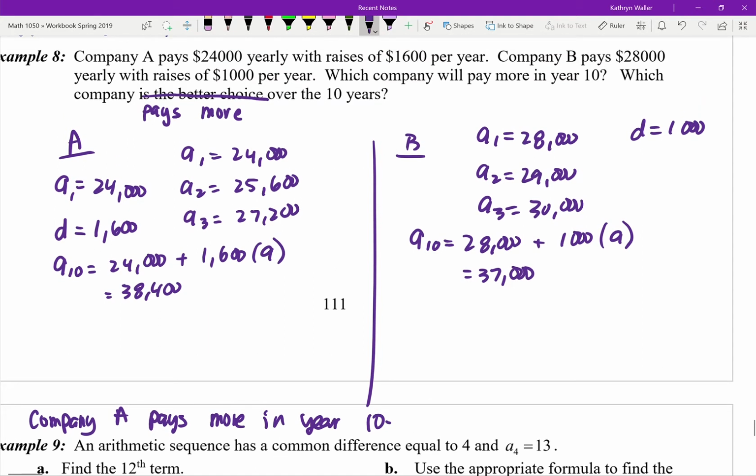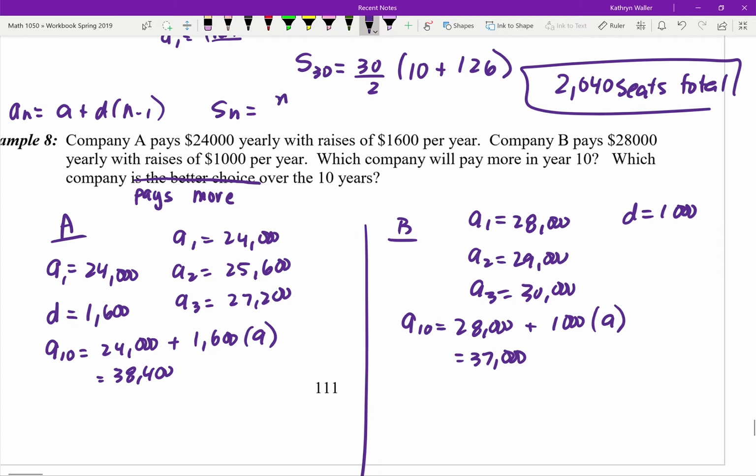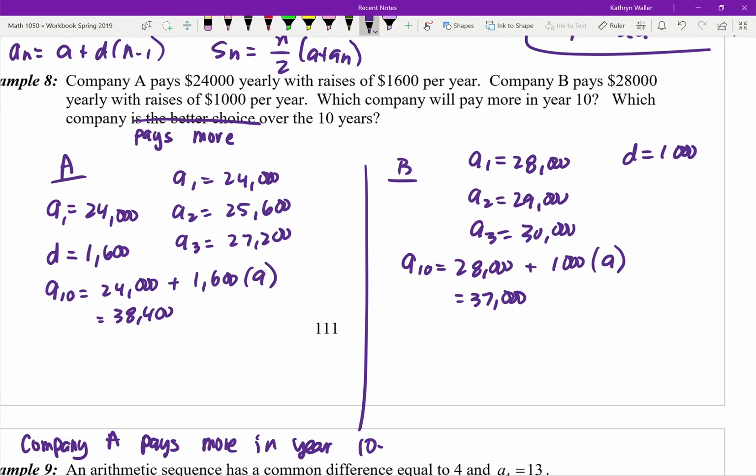Now read the second question. Which company pays more over the 10 years? What formula is that, guys? A sub n or is it S sub n? Somebody tell me. S sub n, first year plus the second, right? So here's the formula, n divided by 2, a plus a sub n. So let's do the first one. So everybody go S sub 10, pardon me, is equal to 10 divided by 2.